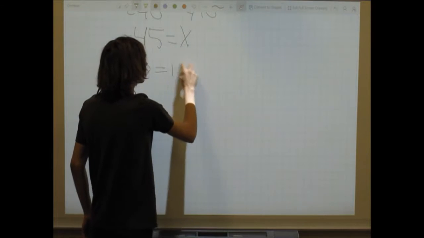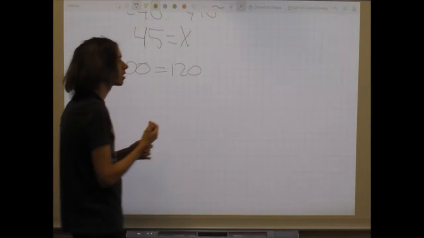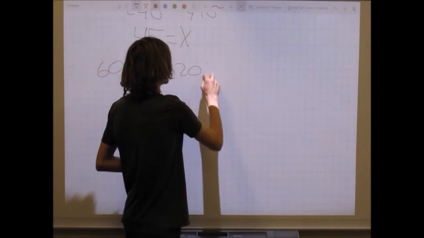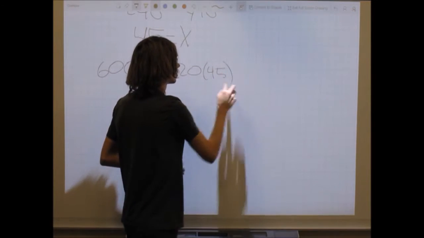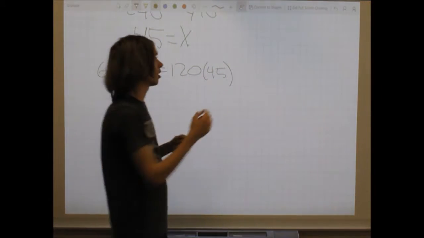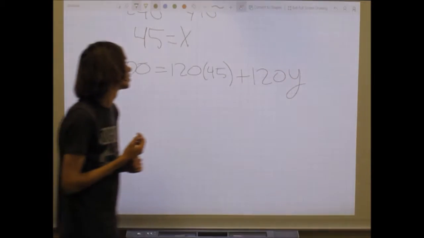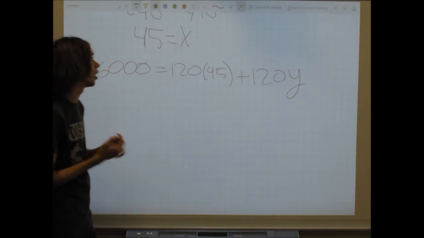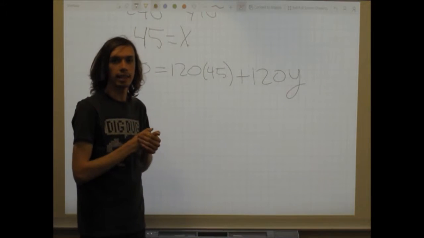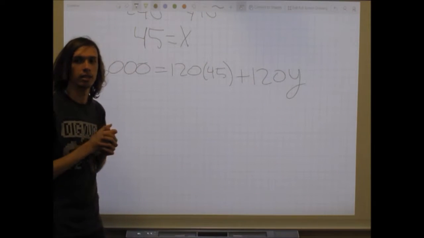Okay, so I know it said 120 times x, which we found out is 45, right? Plus 120 times y, right? Okay, so let's do 120 times 45. I think that comes out to 5,400.